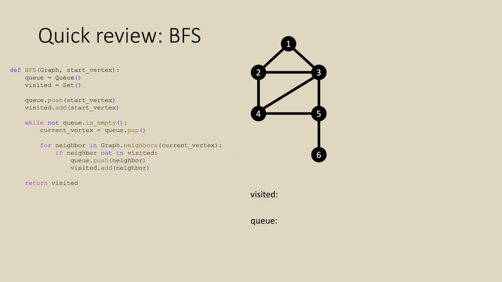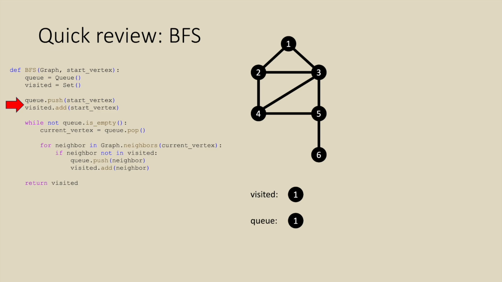Suppose we have an example graph with 6 vertices numbered from 1 to 6, and we have edges (1,2), (1,3), (2,3), (2,4), (3,4), (3,5), (4,5), (5,6). Now let's try to run BFS on this example graph. We start at vertex 1 first.